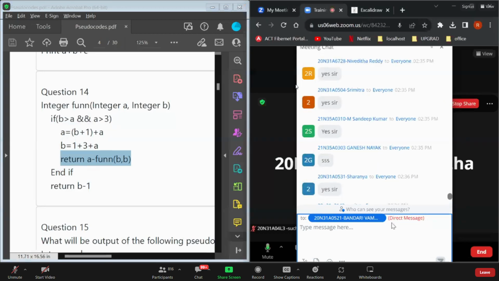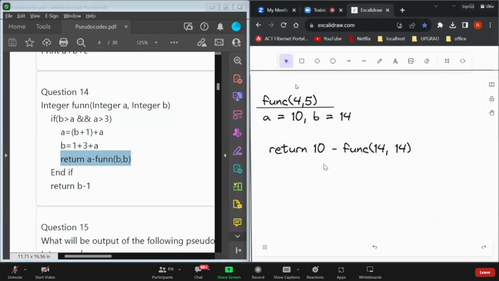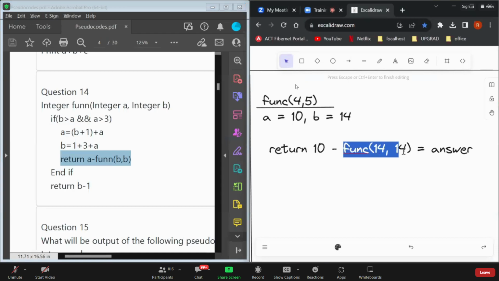Okay, perfect. Now see. So this is your answer. But 10 minus something, you don't know what this something is. You don't know the value of function of 14 comma 14. It is a recursive call. Recursive call means call to the same function.